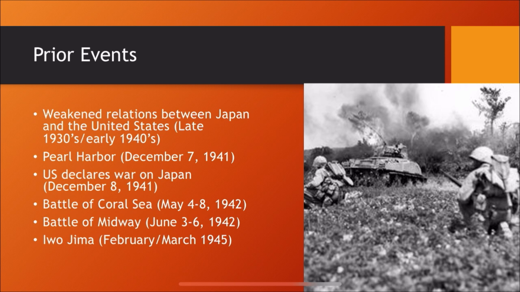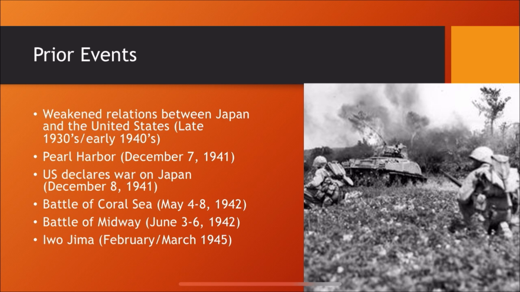Alright, here's a list of events that occurred prior to the Battle of Okinawa. So before World War II even really started, there were weakening relationships between the United States and Japan. This first occurred in the late 1930s and carried on into the 1940s.